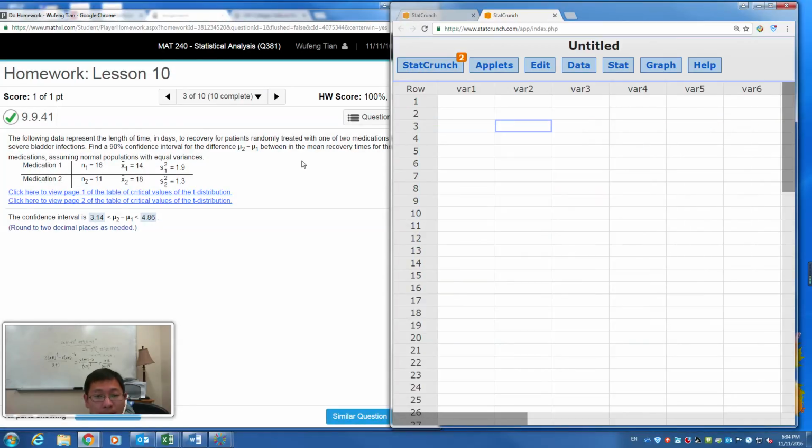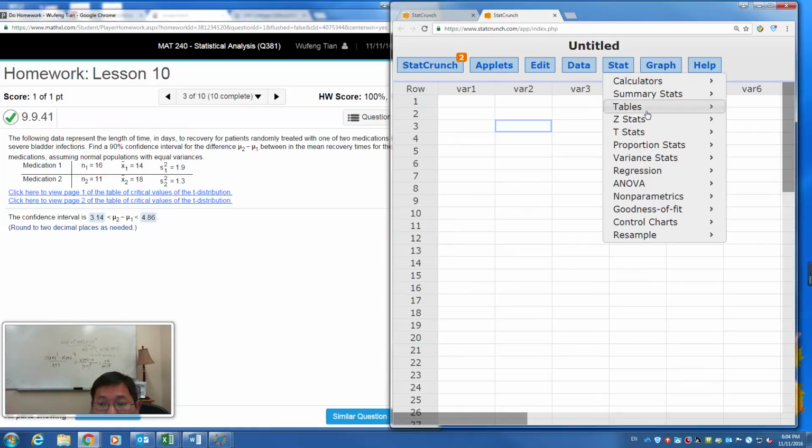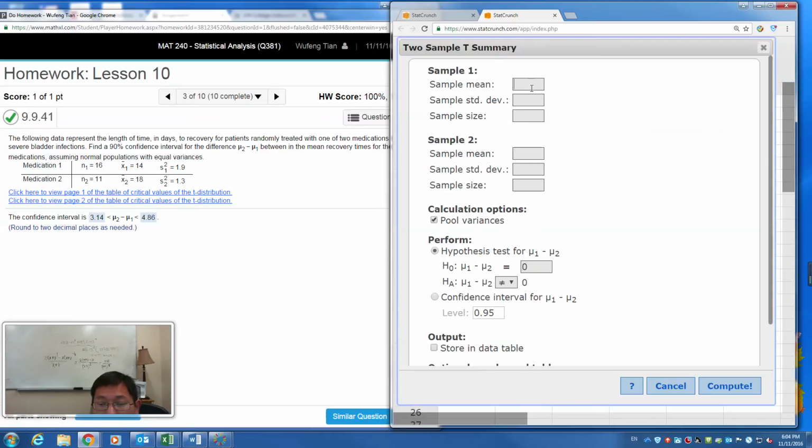Okay, next one. You have two medications, N1 and N2. When you look at this, you find out we want mu2 minus mu1. So I still use the t-distribution, two sample with summary. Because I'm looking for mu2 minus mu1, not mu1 minus mu2, I put medication 2 first.